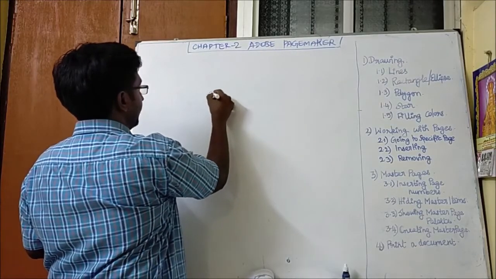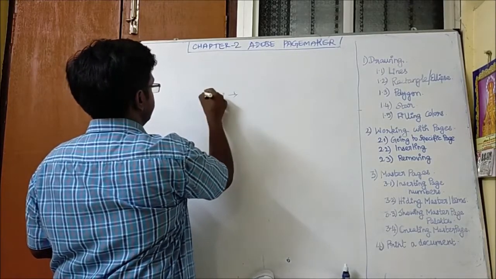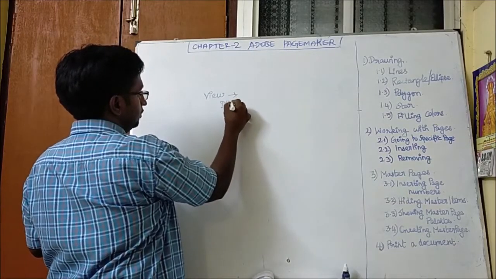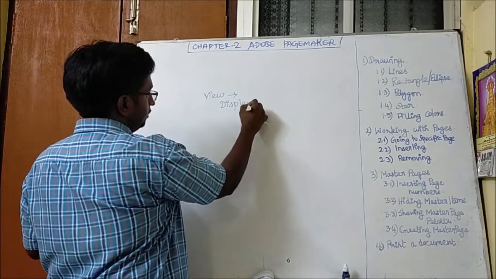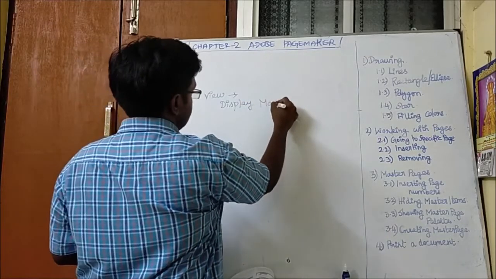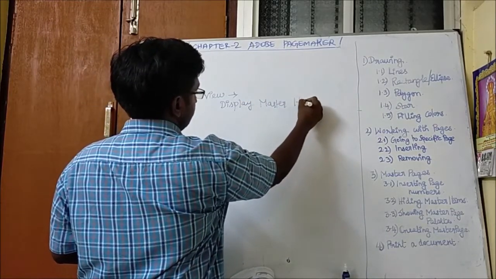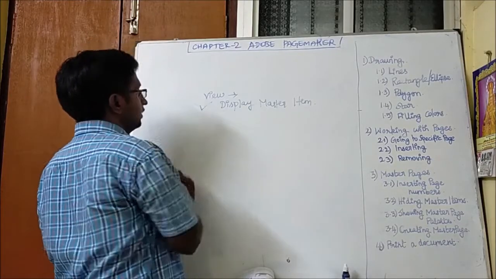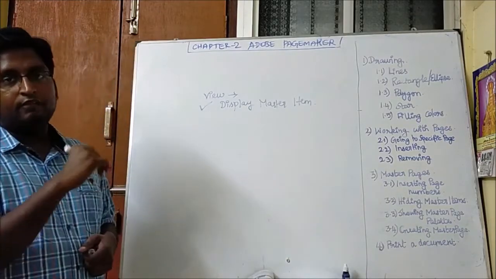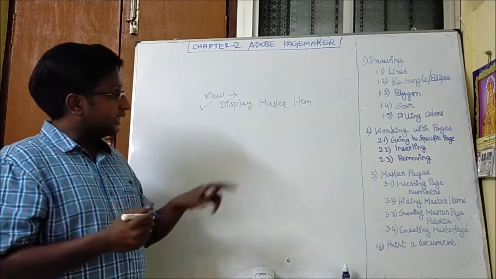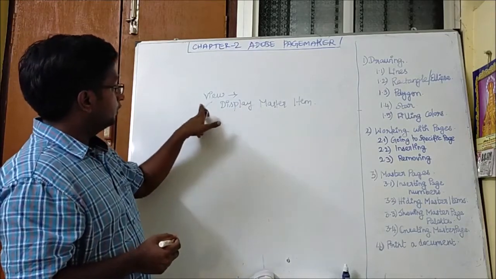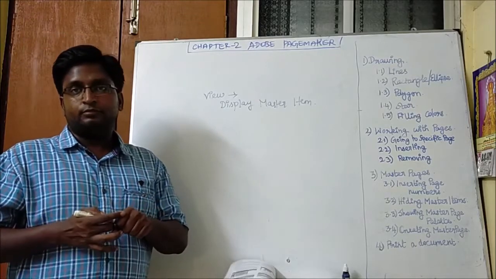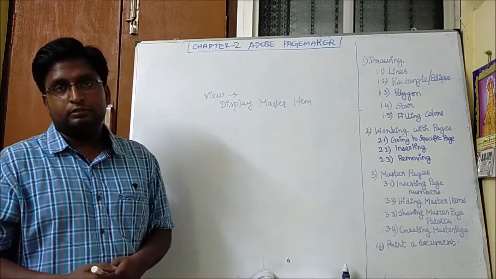When you go to view, the first option is display master item, which by default will have a tick. So by clicking it, the tick will go off, and the master items will get hidden, but not deleted.